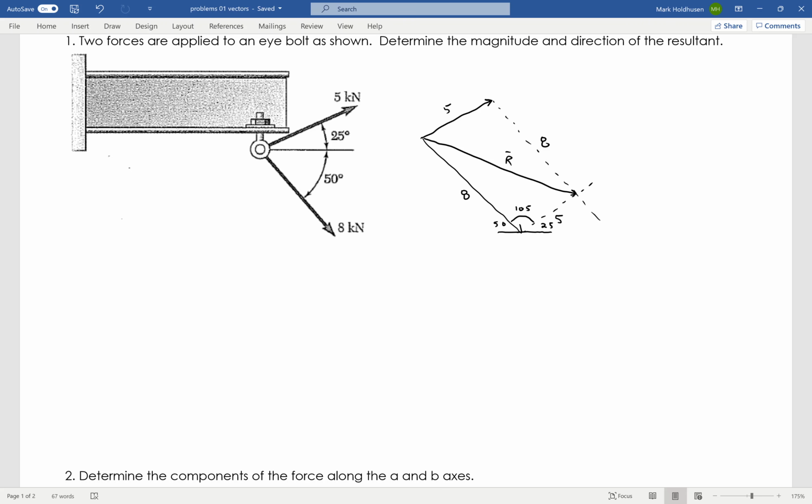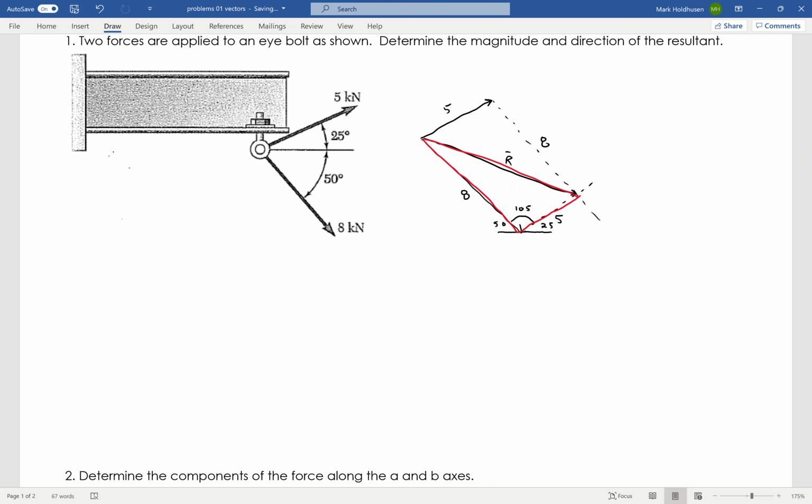Okay, now this is where we're going to use the law of cosines to figure out the r vector. What I'm essentially looking for is, let me show you what we've got here, is we're looking at this triangle right here. Okay, so I've got this triangle. I'm looking for the opposite side of that triangle here as I go through and figure this out.